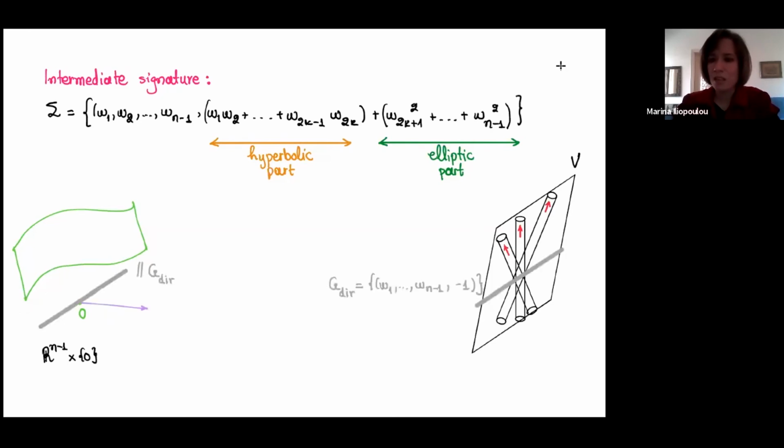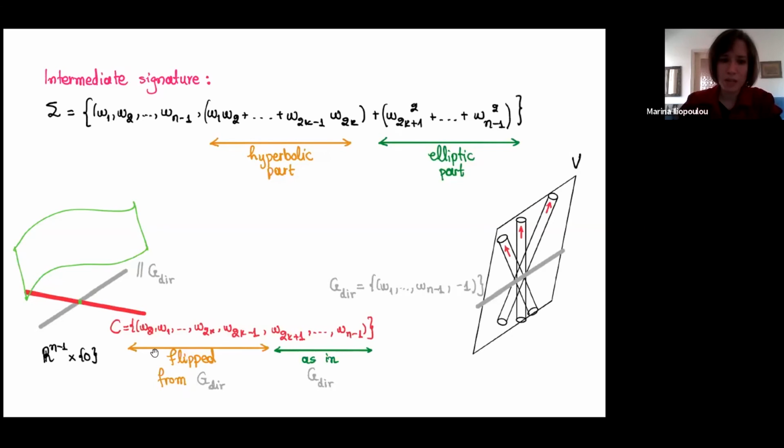Let's take again all the directions inside V. They form a line, this gray line as before. But as we said, the caps that these directions come from live somewhere else, in another subspace. So in the orange part, the coordinates are flipped from the gray subspace. But in the green part, the coordinates are the same as in the gray subspace. Okay, so while before for the saddle, these two spaces had intersection 0, now they don't.